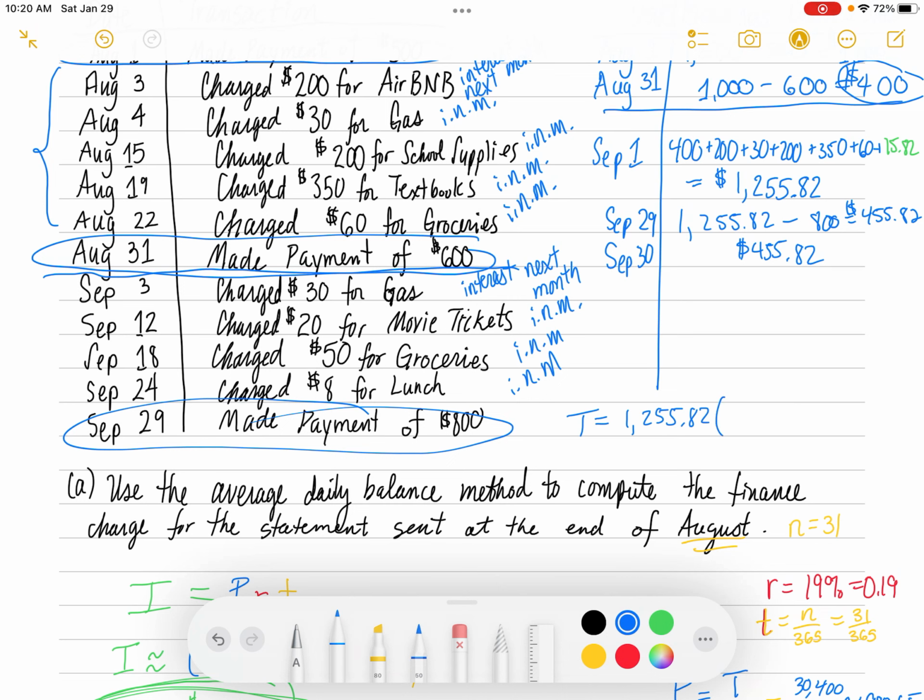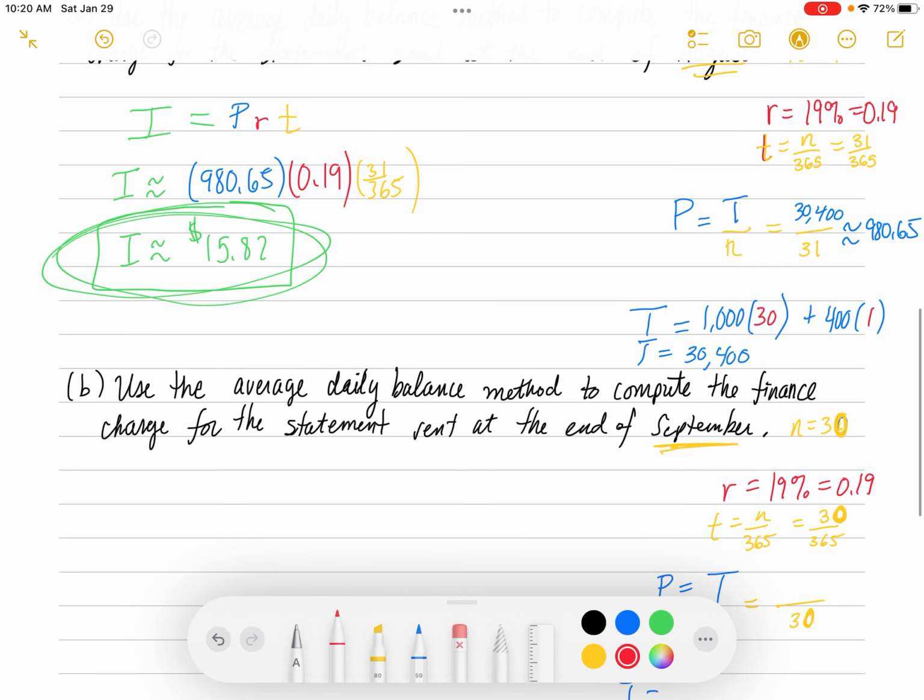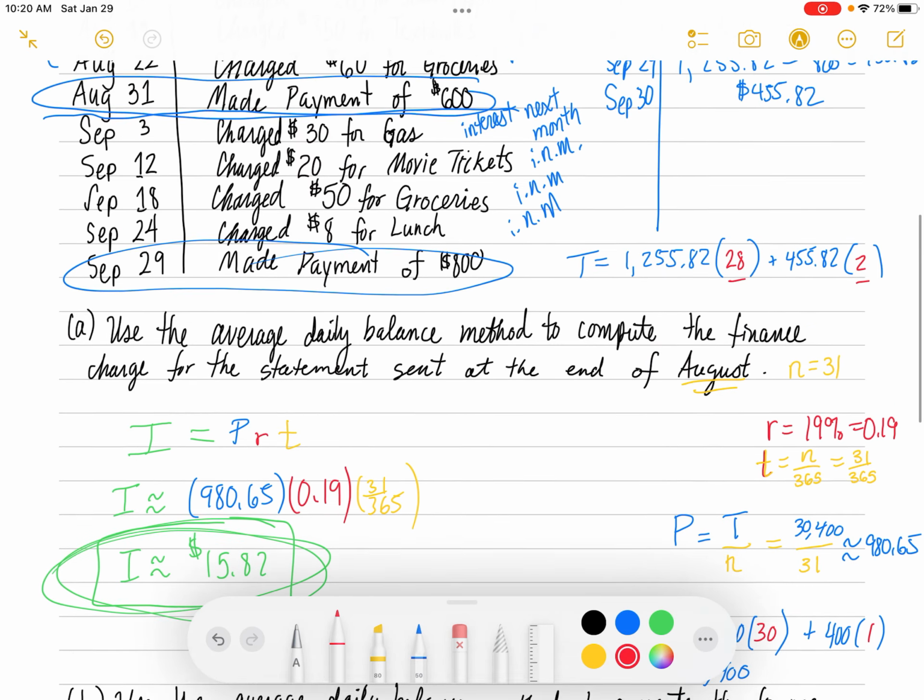Because on the 29th, the balance changes to $455.82. That's 28 days. So we get $1,255.82 times 28 days. And then on the 29th and 30th, we have a balance of $455.82. So that's the last 2 days. Notice how the 28 and the 2 add up to 30. Yeah, 30 days in September.